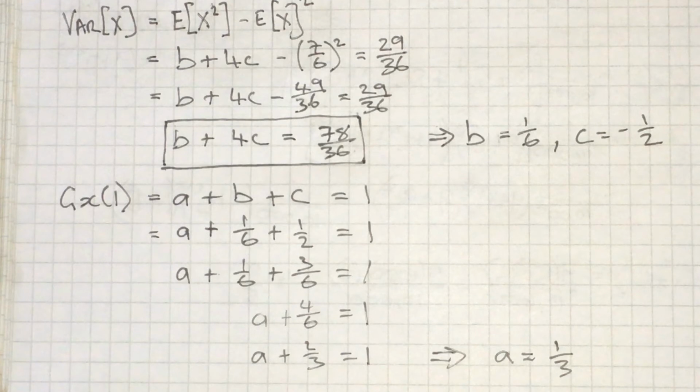Okay, so using the first and second derivative of the probability generating function with a 1 substituted in, we should be able to find the expectation of x, the expectation of x squared, and also the variance of x.